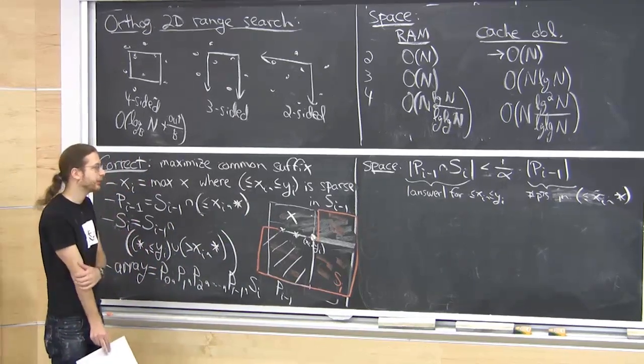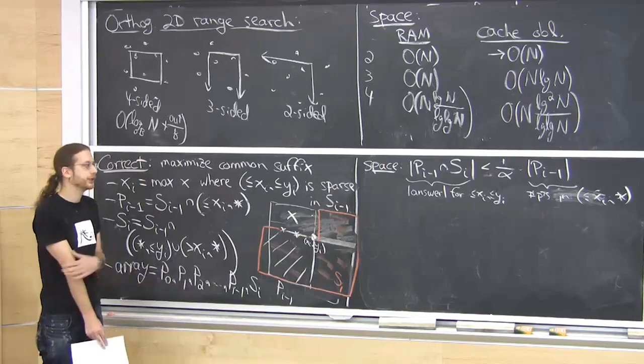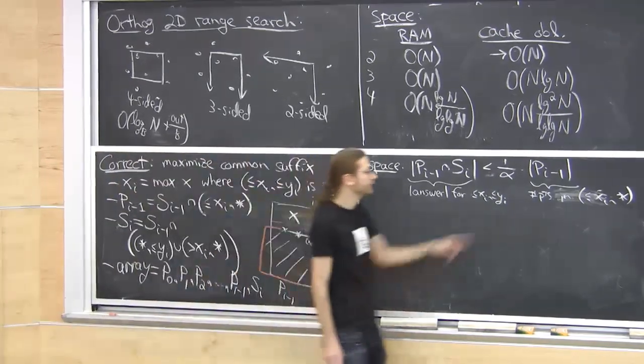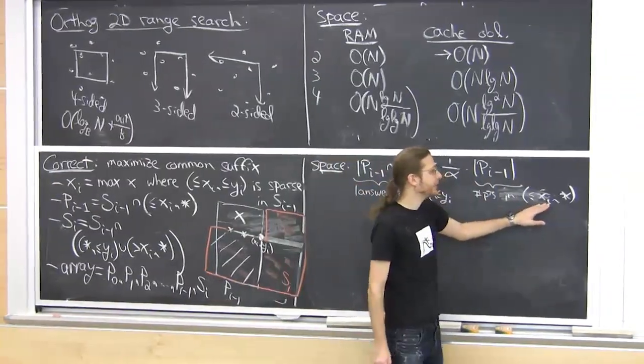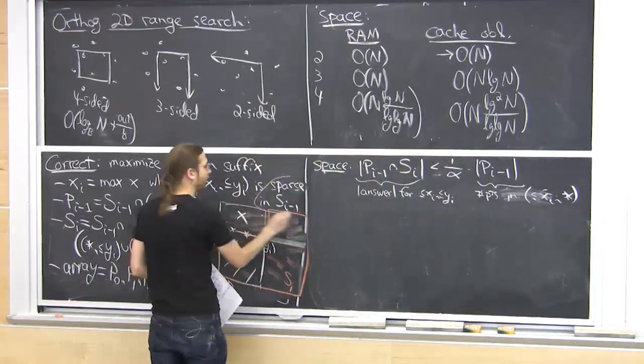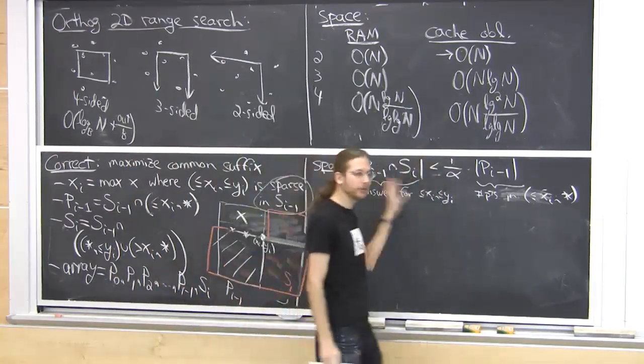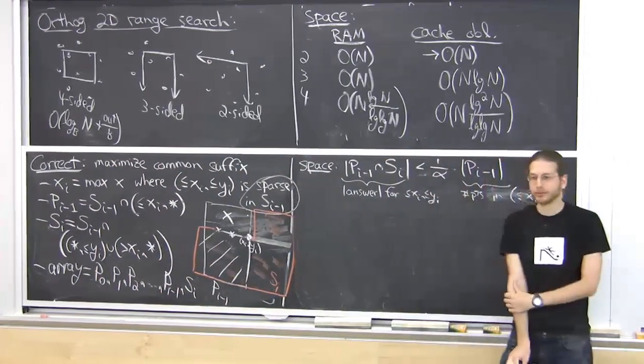So that's that argument. Now, once you've restricted to S_{i-1} and you don't have to look at any other points, among those points, this is going to be all the points less than or equal to x_i. But that's how we were defining sparse, right? We said sparse in S_{i-1}. So among those points, we have sparsity. So this is the definition of what we have.